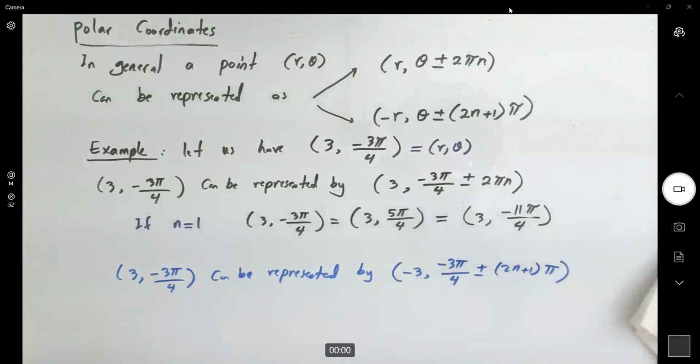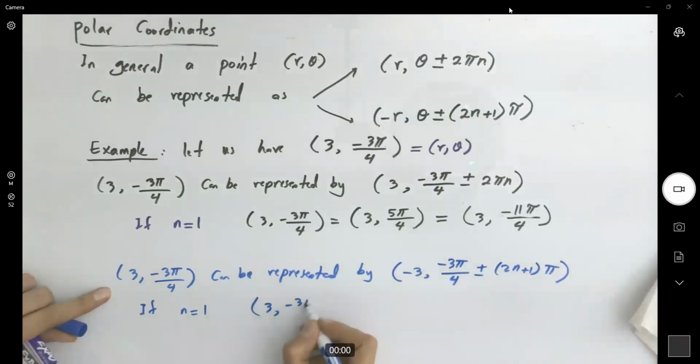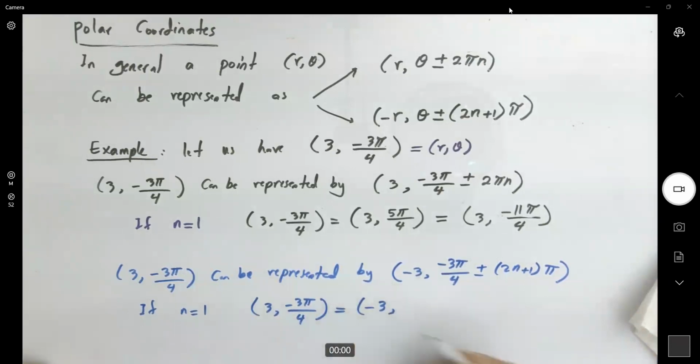So suppose n is equal to 1. If n is equal to 1, you have the following case. You have 3, negative 3 pi over 4, which can be equal to negative 3 comma.